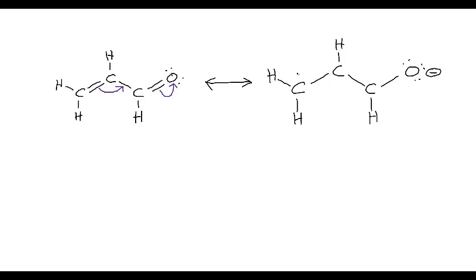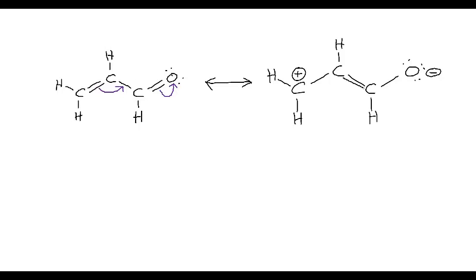This first carbon has a positive charge. And the pi bond is now between these two carbons here. So when you have a lone pair next to a pi bond, or you have multiple pi bonds next to each other, those are situations to consider the potential for resonance.